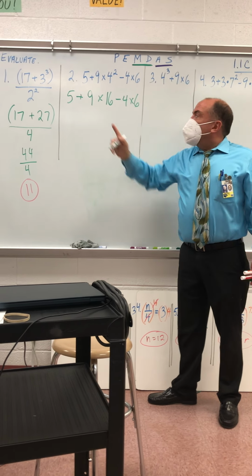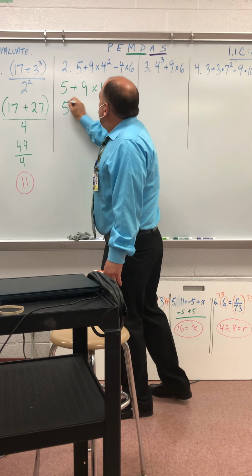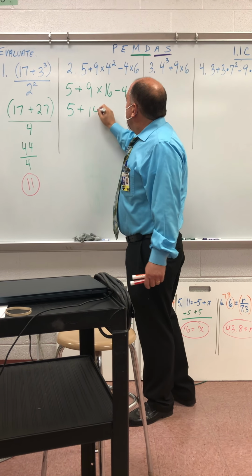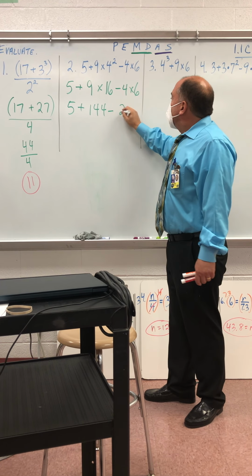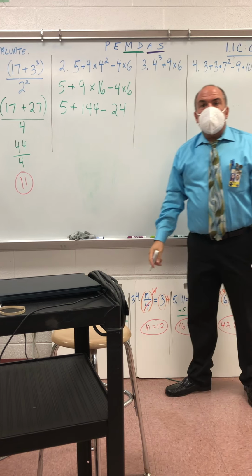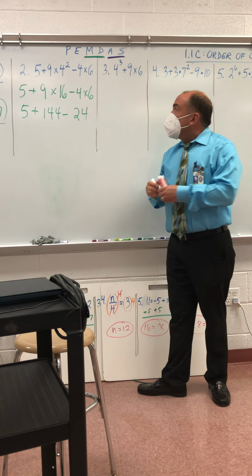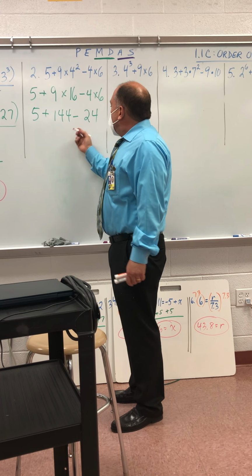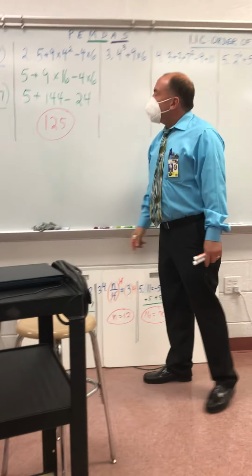Can someone help me? What is 9 times 16? 144. Thank you. Okay. 144 minus 4 times 6, 24. Okay. 5 plus 144 minus 24 is going to give me 149 minus 24 should be 125.